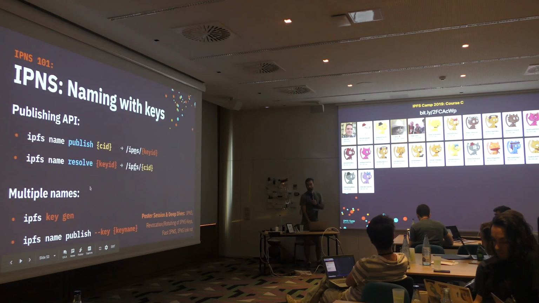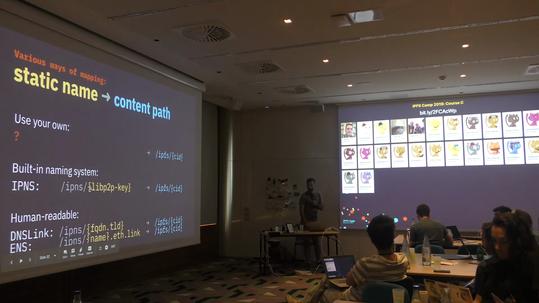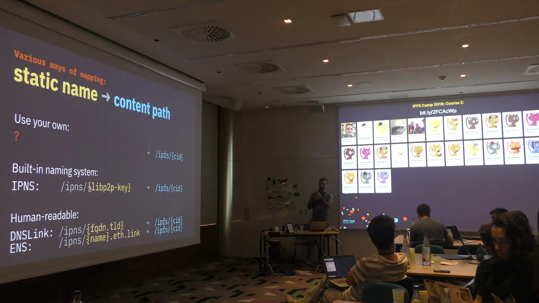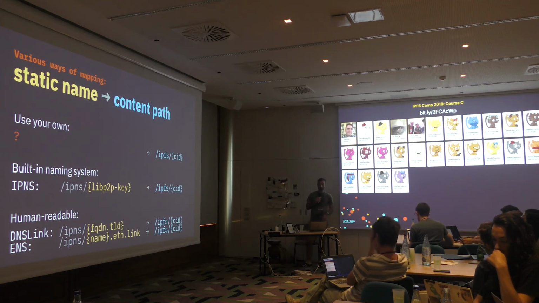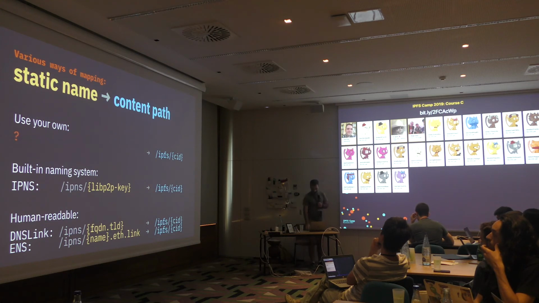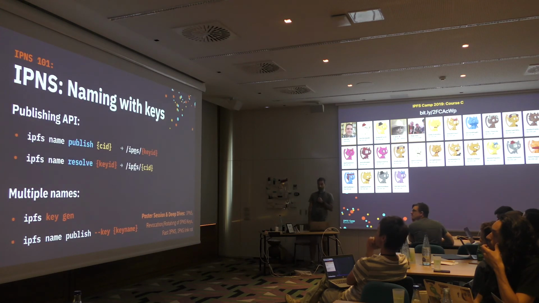IPNS, basically, we get /ipns/ and the hash of our public key, which is basically a pointer to our content. You can also have readable names using DNSLink, so we don't use any hash, and you can also get to the content. The API looks like this.